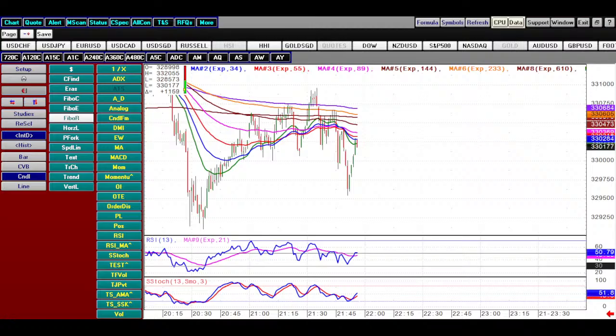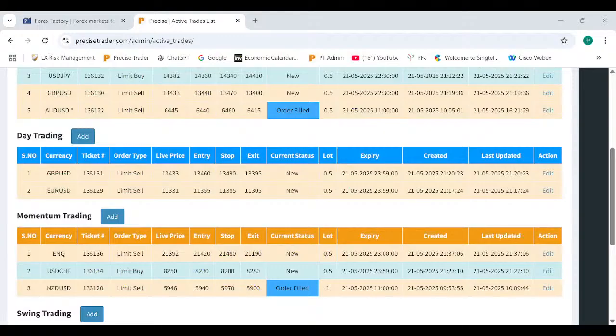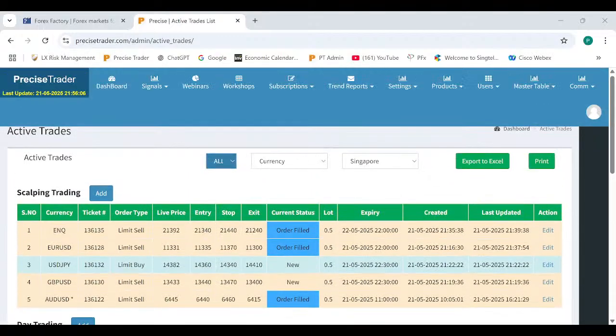Okay, for those of you who have come in late, I just want to share with you we are holding a couple of trades. We shorted gold at 3305 half, and we are trying to close at 3298.